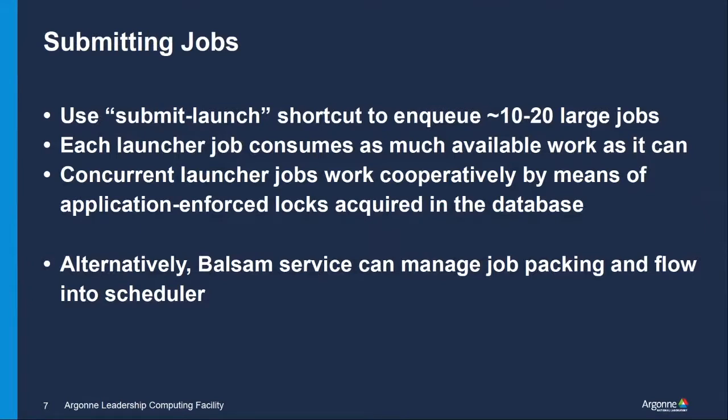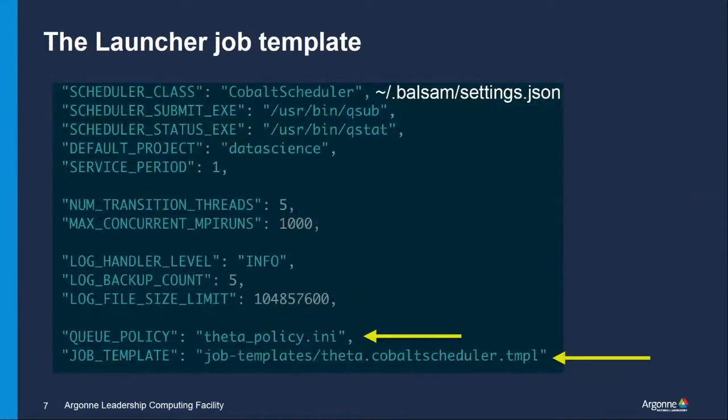These are cooperating through an application level lock to avoid collisions or working on the same tasks. And then alternatively, when you're using the Balsam service, that is actually assigning tasks to launcher jobs so that there's a little bit more coordination planned ahead of time there.